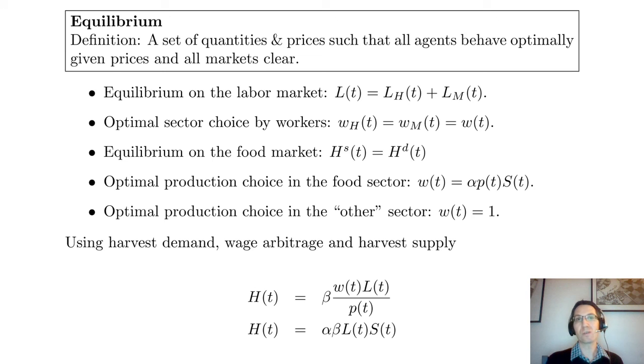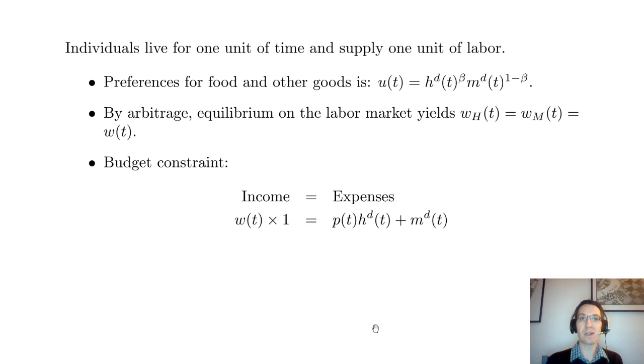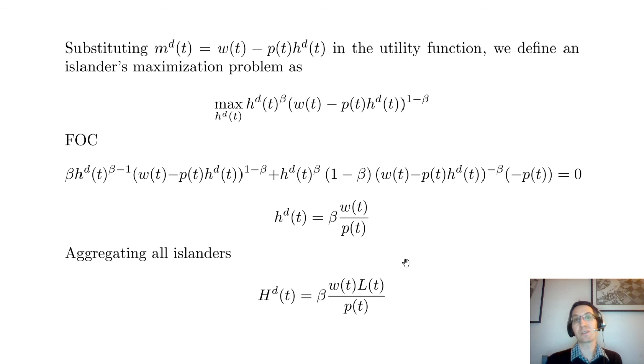Optimal sector choice: there's arbitrage, so as we have seen, all the wages have to be the same. Equilibrium on the food market: the demand for food has to equal the supply for food. Here we have seen that the demand for food is this quantity here, and the supply for food was this quantity there. So we can just equate one to the other. This is what we're going to do.